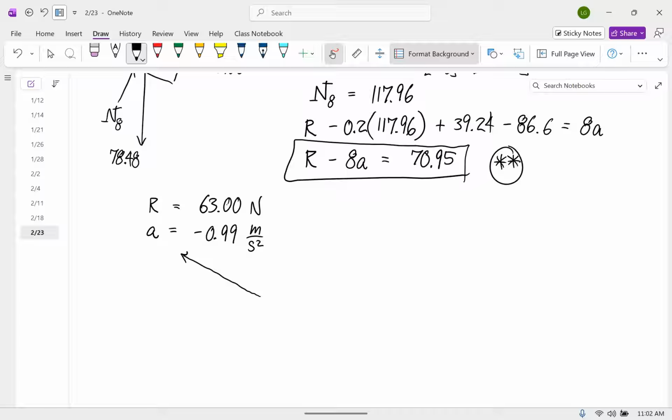This is the acceleration vector, 0.99 meters per second squared this way. So it's slowing down, because its velocity was down the ramp. Exactly. So the angle wasn't big enough to overcome the friction.